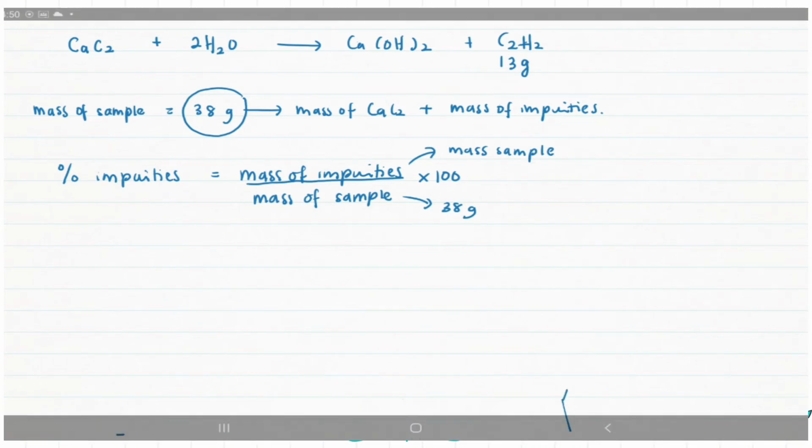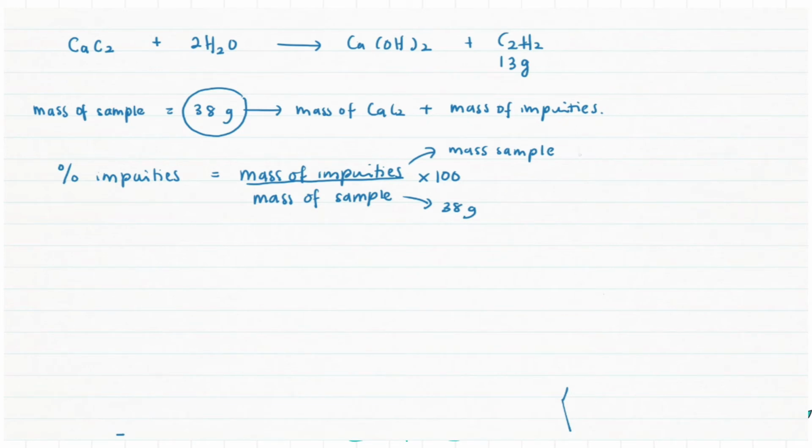So to calculate the mass of impurities, we need to subtract the mass of CaC2 from the mass of sample. Right now, the question doesn't give you the mass of CaC2, so you need to calculate it.